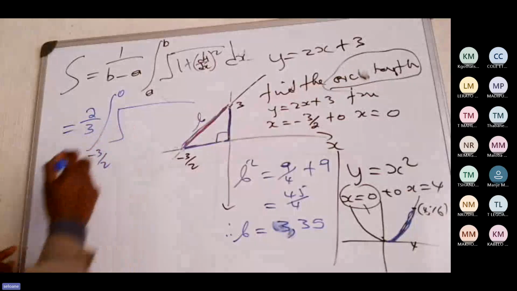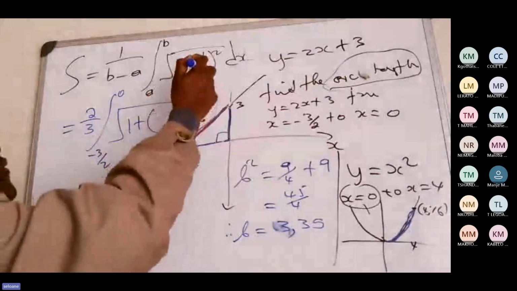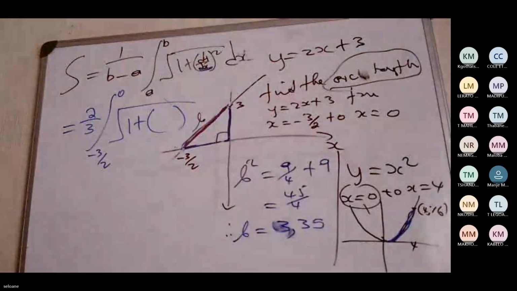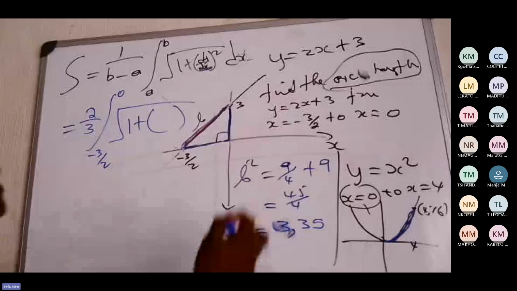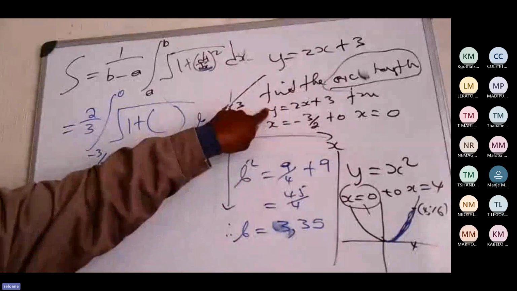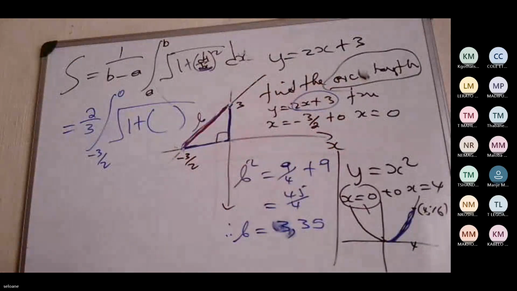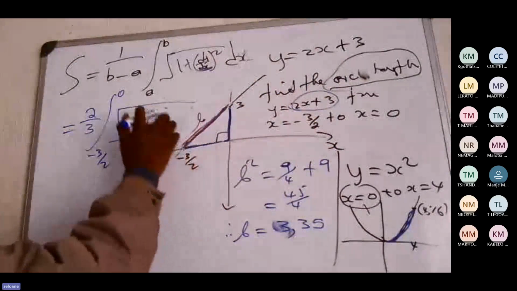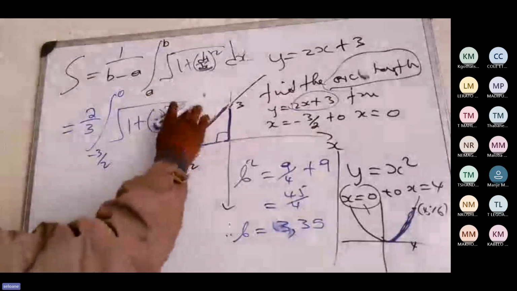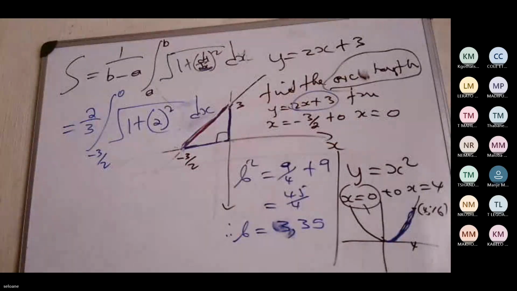The square root of what? It will now be 1 plus, then you differentiate your f. You differentiate your y, because remember this is our y, or you can write it as f of x, it doesn't matter. So you differentiate this, which will give you 2, then 2 squared, with respect to x. If you can't see, please tell us.